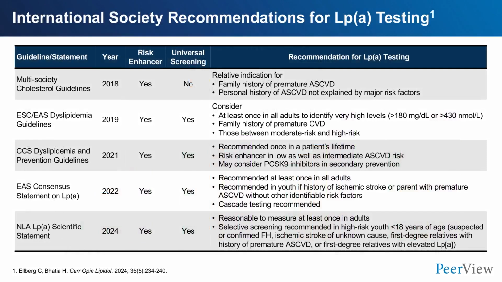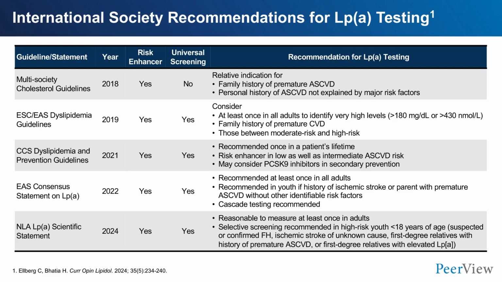Because of the prevalence of this risk factor and the lack of change over time generally for normal people, the guidelines have become a lot more aggressive in a sense of treating and diagnosing these patients, well, at least for diagnosing. And this is the multi-center cholesterol guidelines from 2018. They said, you get risk enhancer, but they said no universal screening.